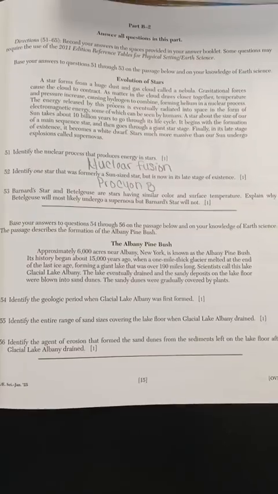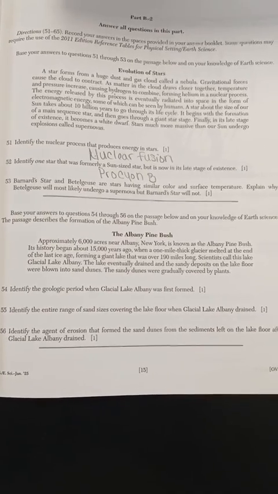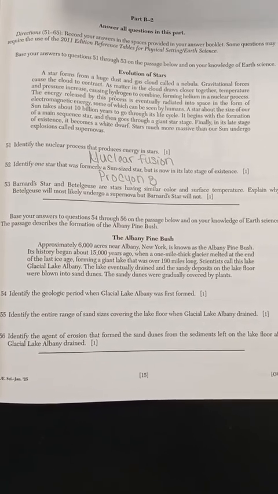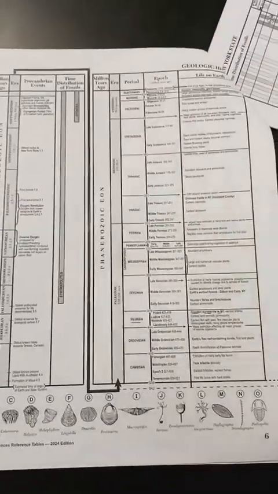All right, so that's the paragraph. And the first question reads, identify the geologic period when Glacial Lake Albany was first formed. So since they said geologic period, I know that I have an Earth Science reference table that goes with geologic history, and that's going to be pages 6 and 7 of the Earth Science reference table.